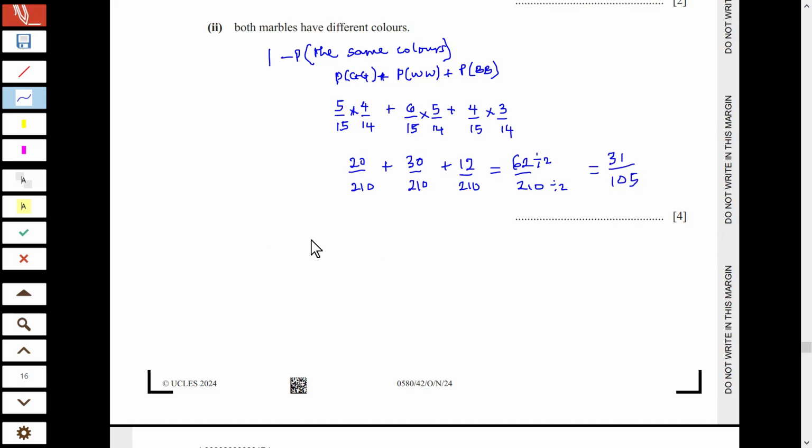So 1 minus 31 over 105 will be equal to 74 over 105. And this will be the final answer: 74 over 105 is the probability that both marbles have different colors.